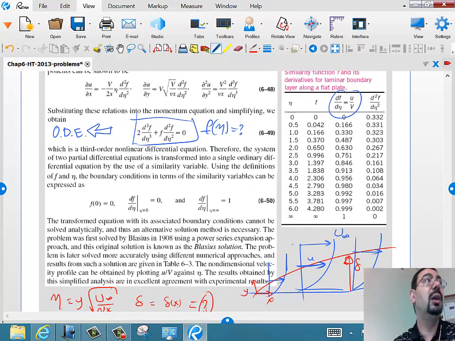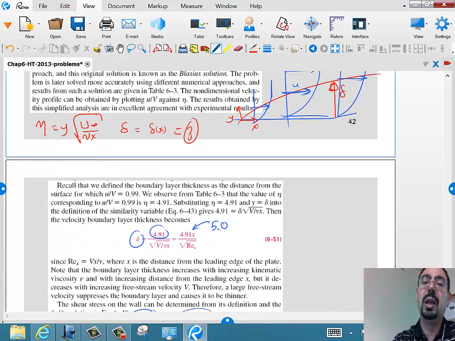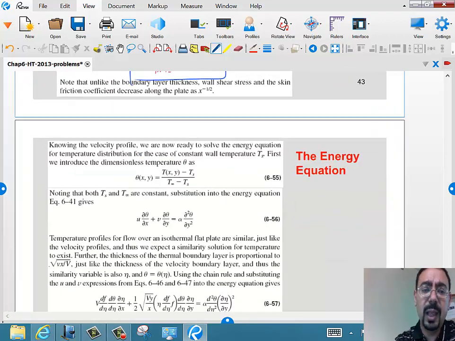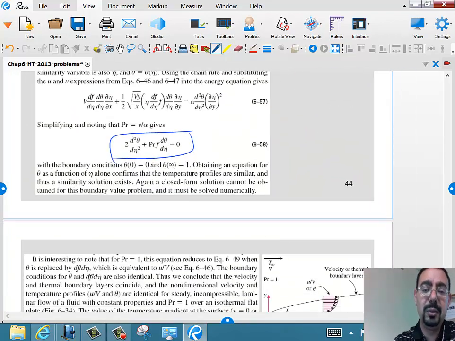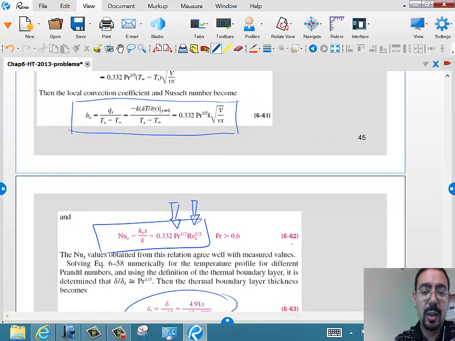He was a student of Prandtl, and he came up with that solution, how to turn the partial differential equation into an ordinary differential equation. So the velocity is just a function of one variable. So rather than x and y, it's one variable now. Let's call it eta. But rather than the velocity, he's also solving for something called f, a dimensionless function, that later he will get the velocity out of it. And he solved it, and he ended up getting the velocity profile and the temperature profile.